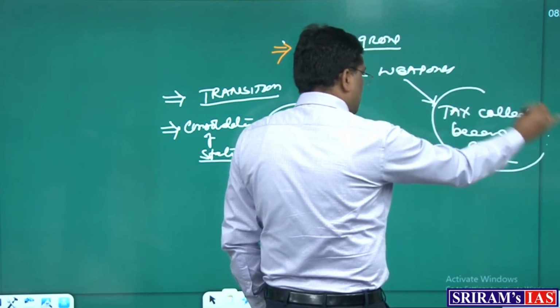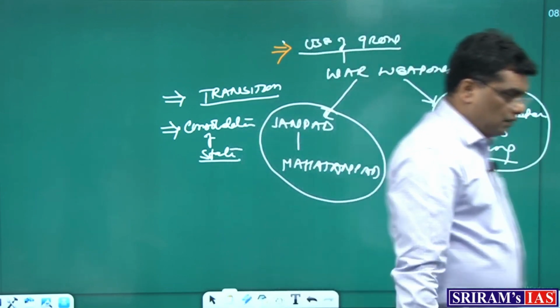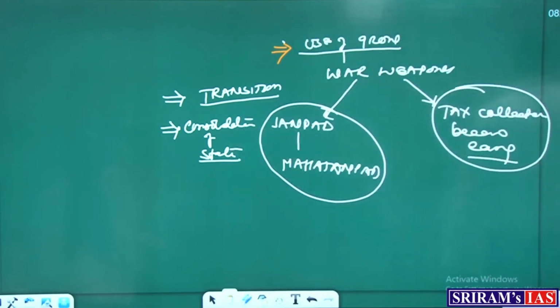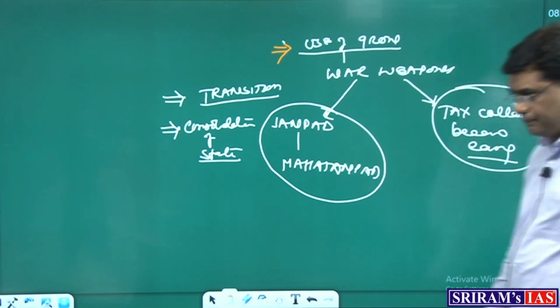The fear of the iron weapons had an impact on the smooth tax collection from the people. So use of iron: these are the two important things we see in the later Vedic period.